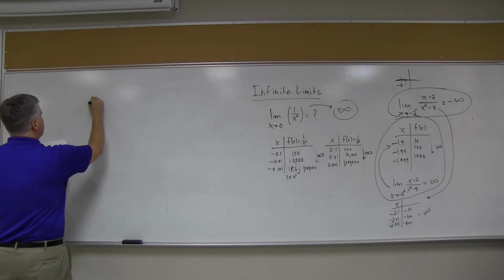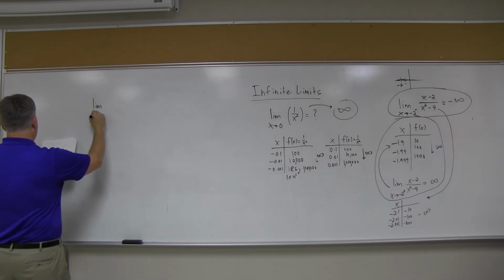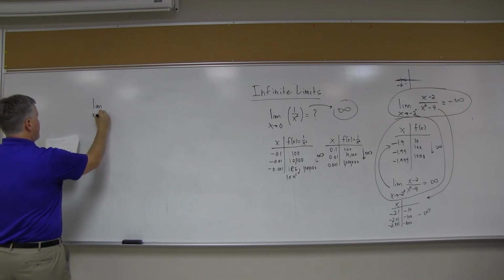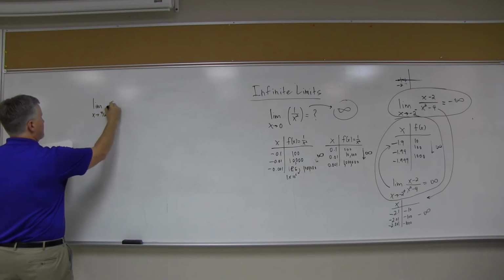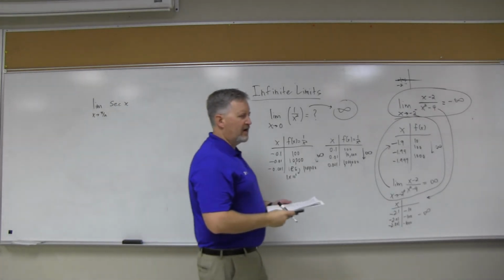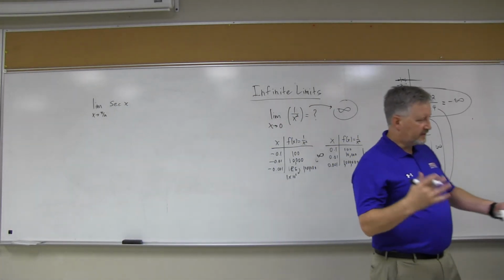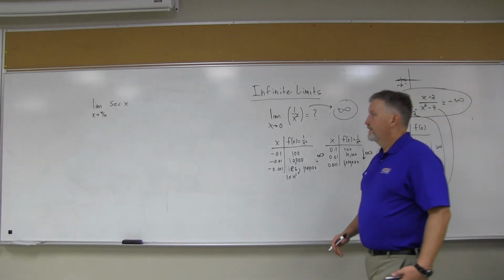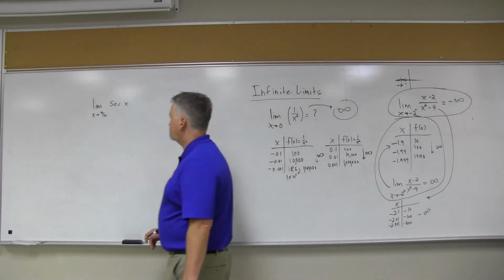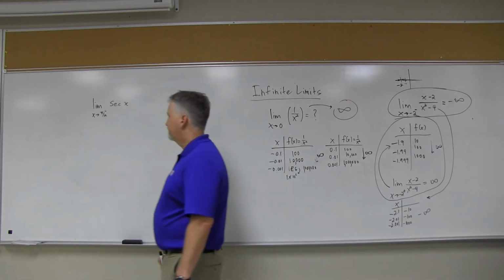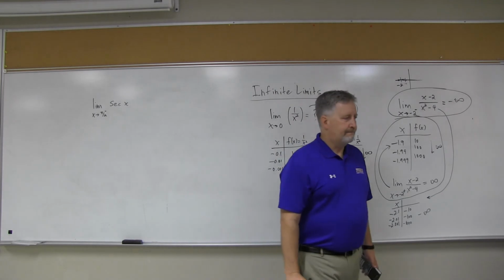If I want to do the limit as x approaches pi over 2 of secant of x, if I want to do the trig functions where x approaches a pi number, let's do it from the left again.